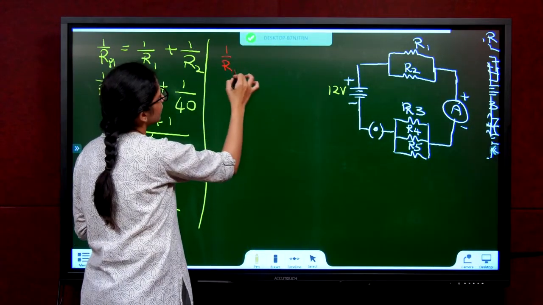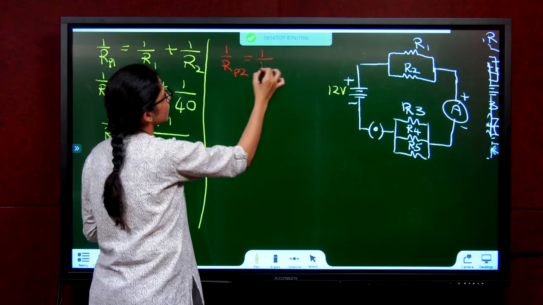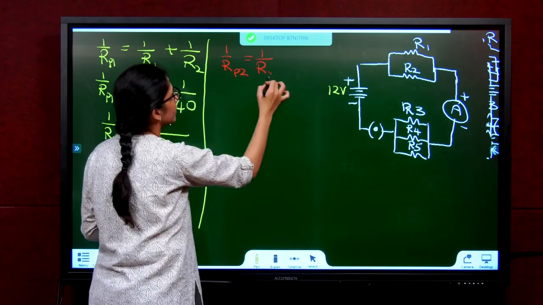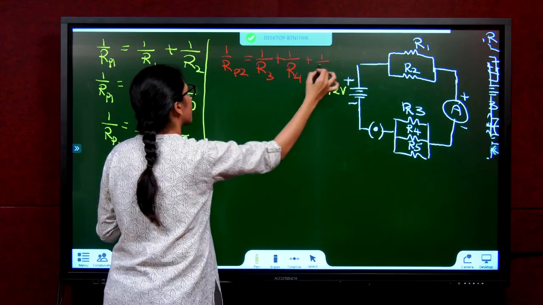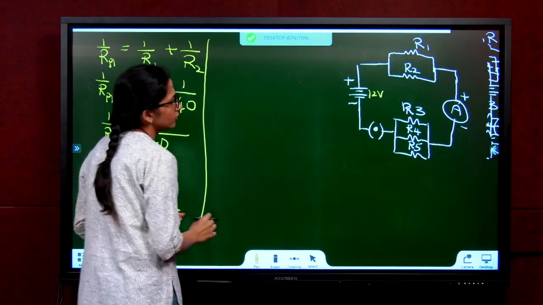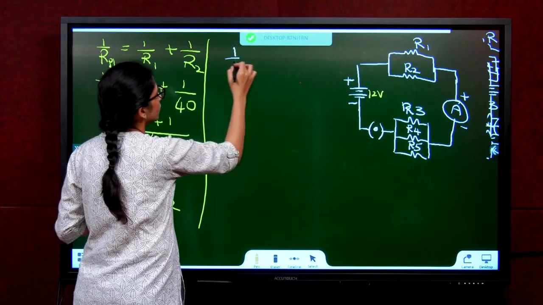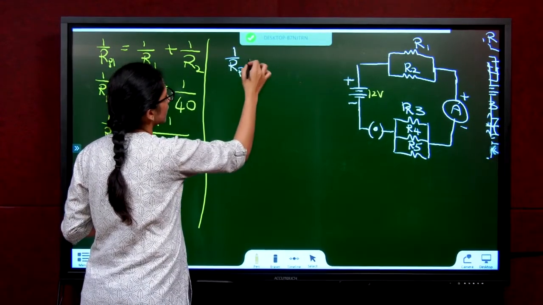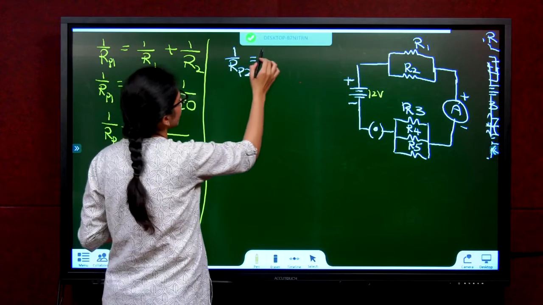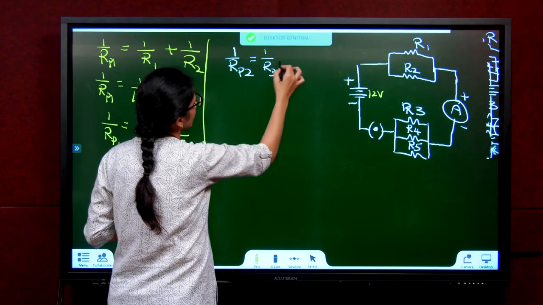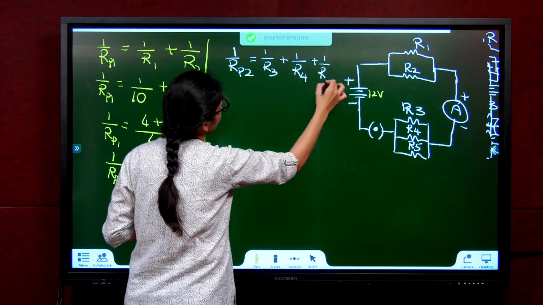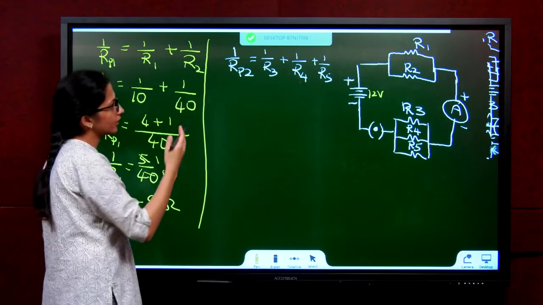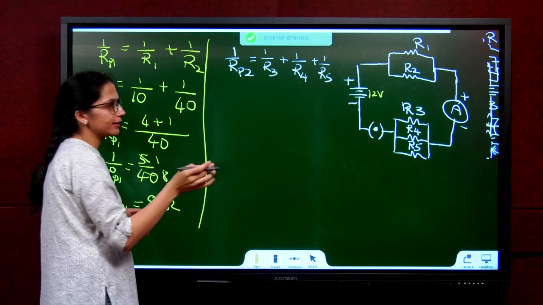1 by RP2 is 1 by R3 plus 1 by R4 plus 1 by R5. R3, R4, R5 were 30, 20, 60.